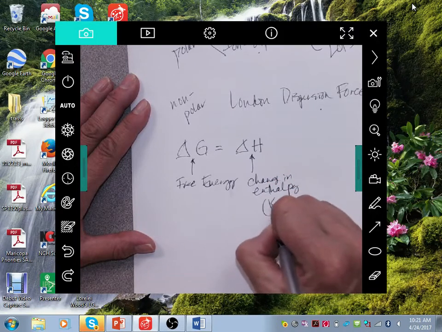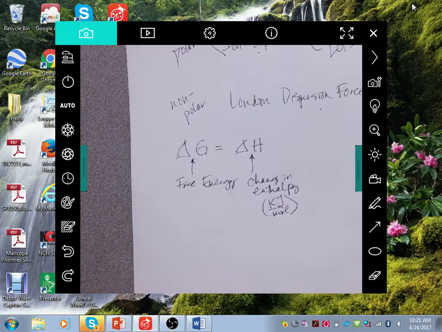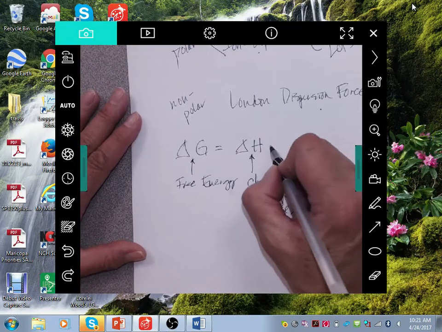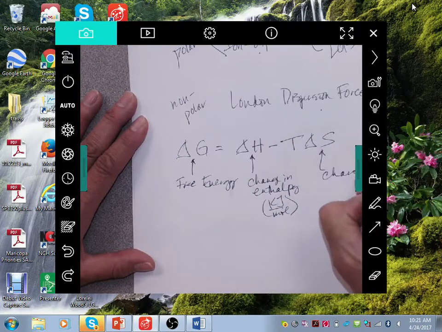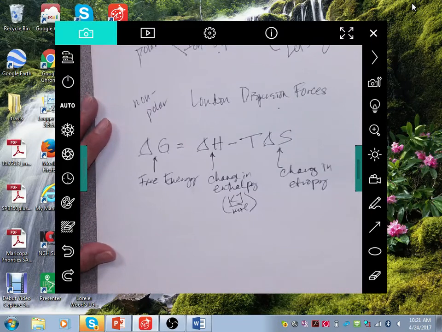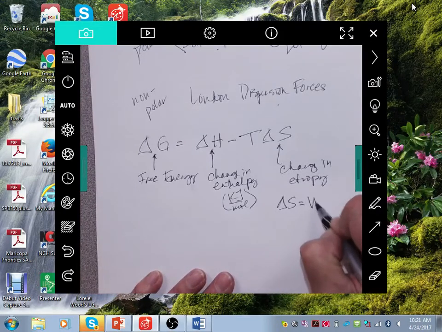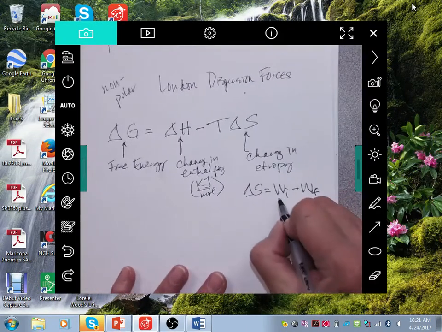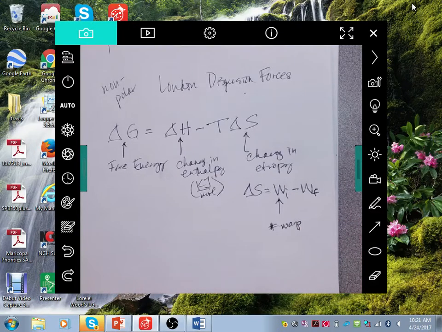And we generally measure that in kilojoules per mole, or kilojoules. It's an energy change, or energy going from one place to another, minus T delta S. And this is the change in entropy. The change in entropy is equal to W final minus W initial, and W has to do with the number of ways either energy or position can change in a particle.